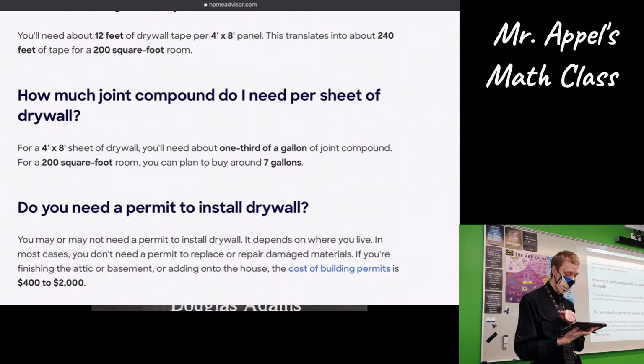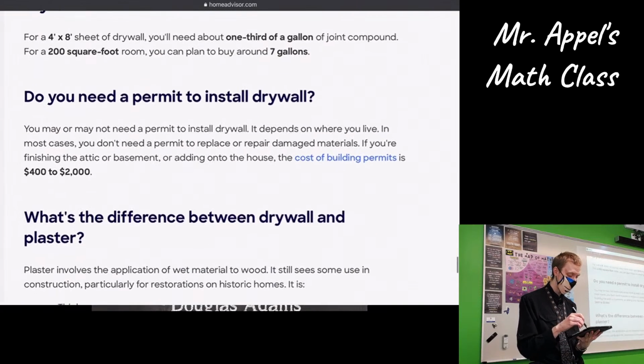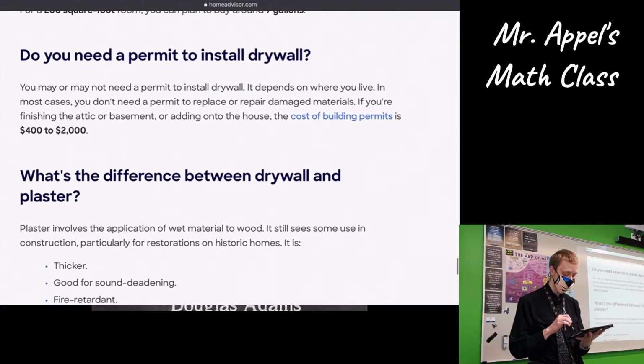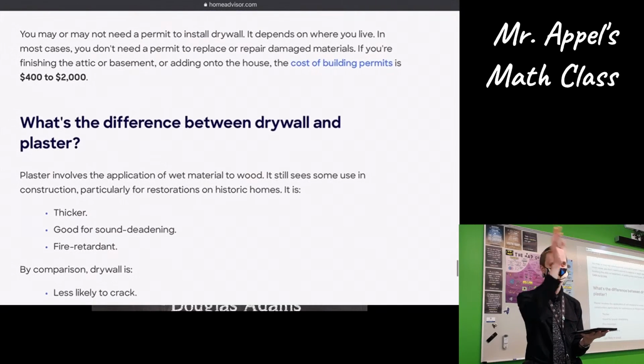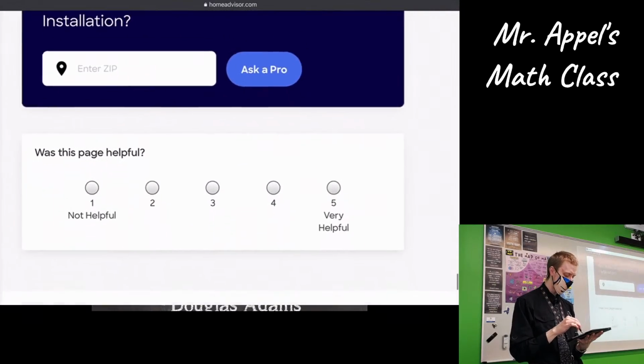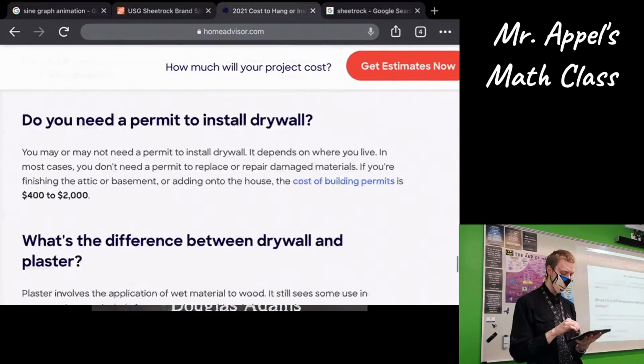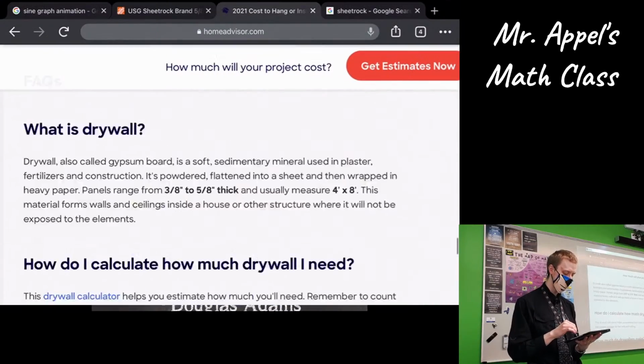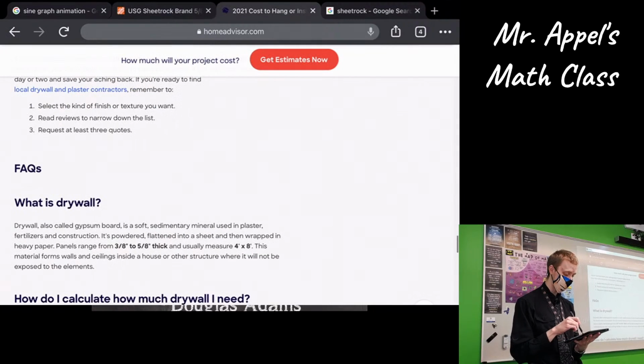For one sheet, about 1/3 of a gallon. Do you need a permit to install it? We're going to assume we're not dealing with any of the permit stuff. Difference between drywall and plaster. Ever curious? There's lots of good information.